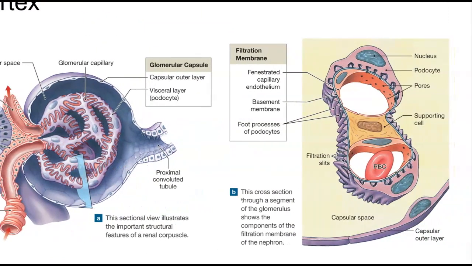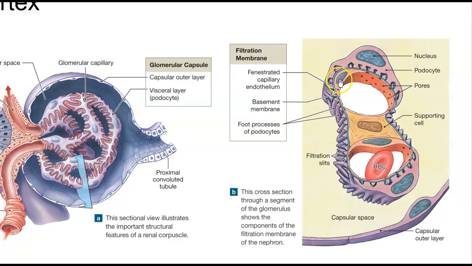Here we go. All right, so here's what you have: this purple layer, these purple cells, is formed from the nephron, and then you have the red, which is formed from the capillaries. So the capillaries are coming from your blood, your blood vessels, your glomerulus.